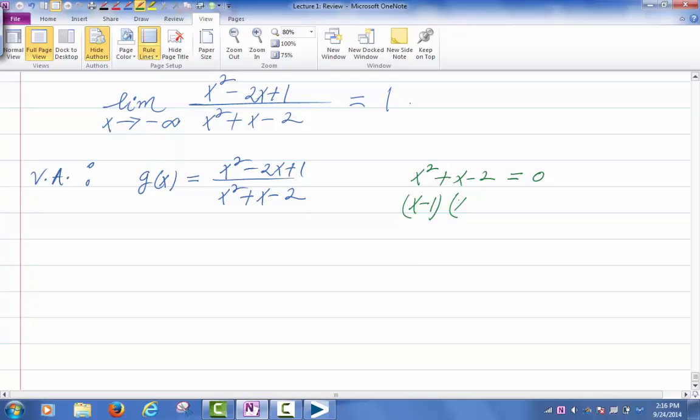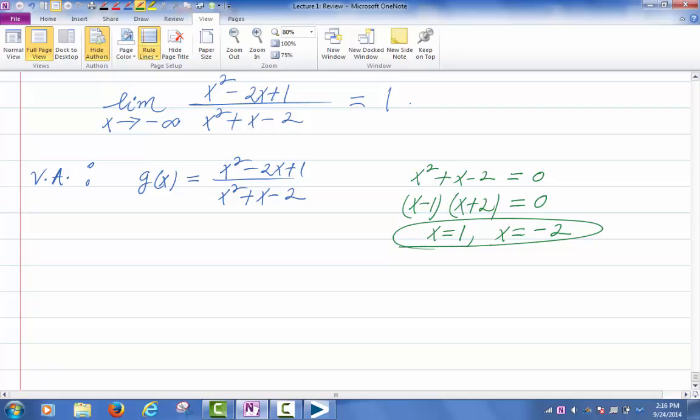Is it x minus 1 times x plus 2? And so I see that the denominator vanishes at 1 and at negative 2. So these are the two potential places where the limit could be plus or minus infinity.